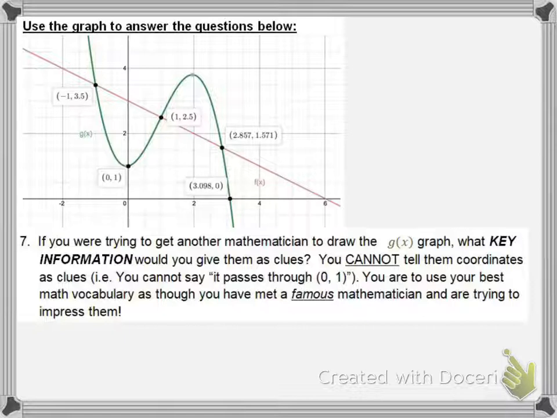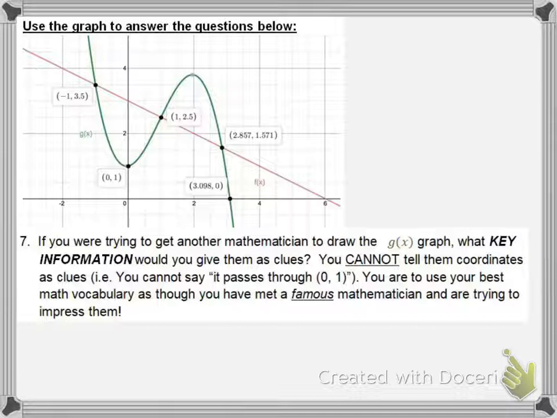I might say that it has a y-intercept at 1. I can't tell exactly without giving the coordinates of the point where its x-intercept is. Its x-intercept is actually at 3.098. If I didn't have numbers given to me, I wouldn't be able to describe that exactly.